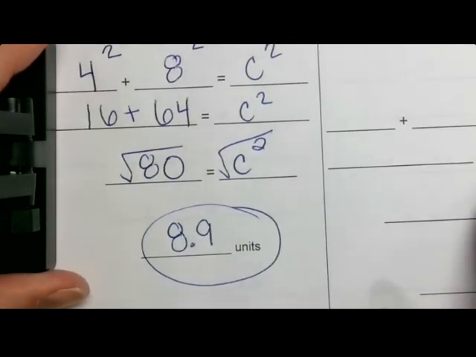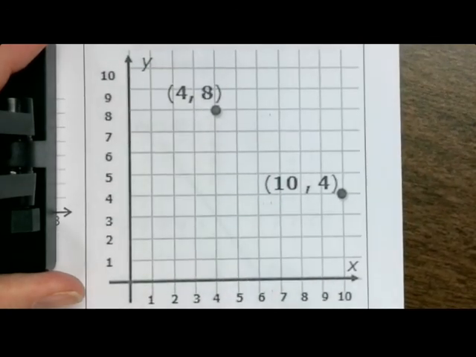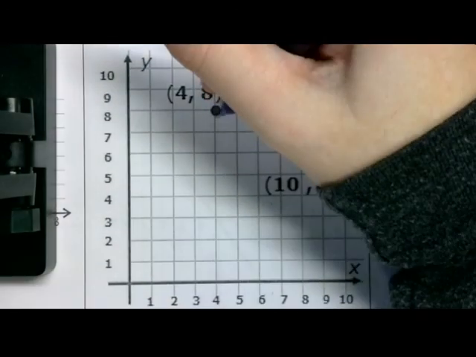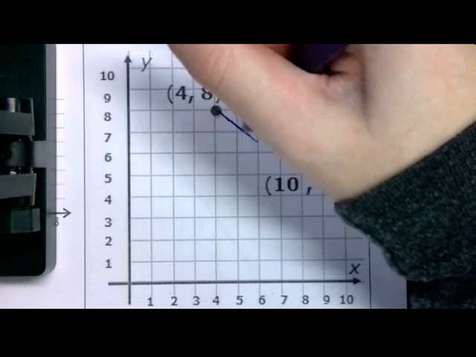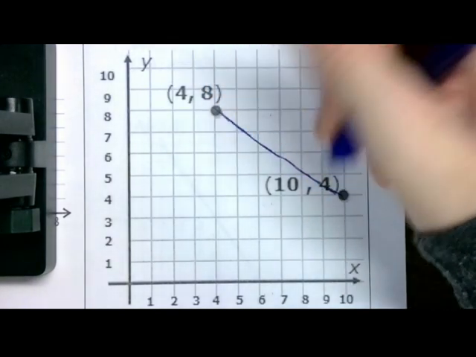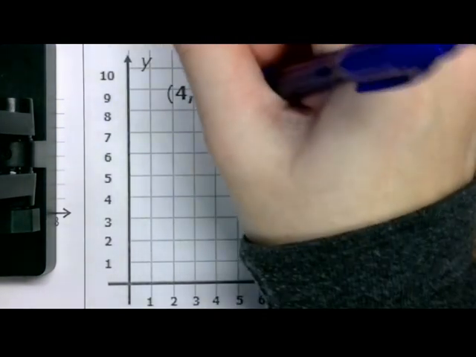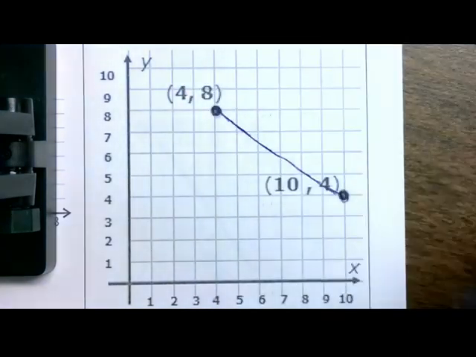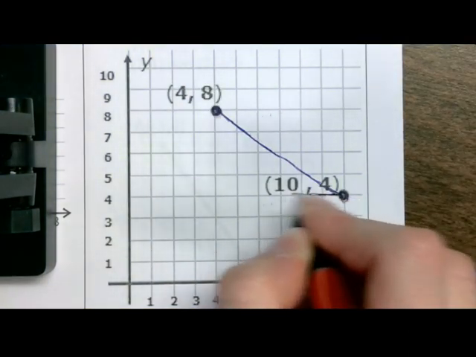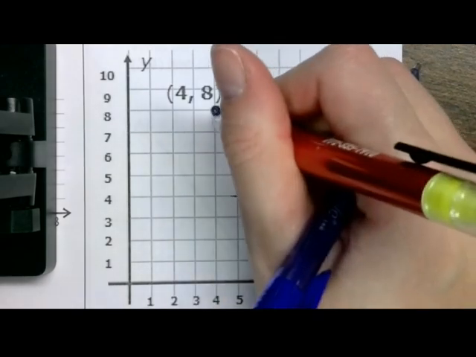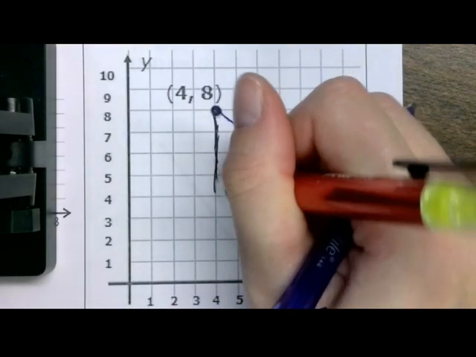Okay? For the last one, we need to do the same thing. Draw that slanted line, that one that we're going to have to find the distance for. Then, just like we've been doing the past few times, we're going to need to make our legs, right?